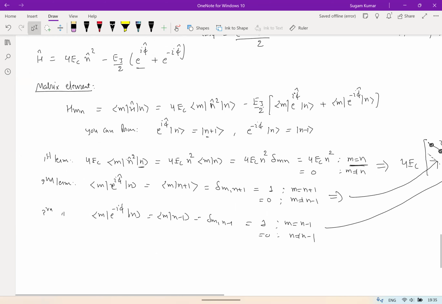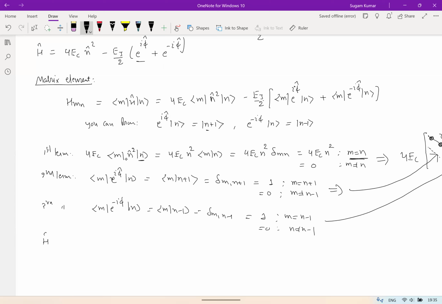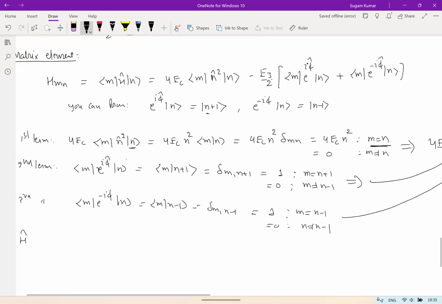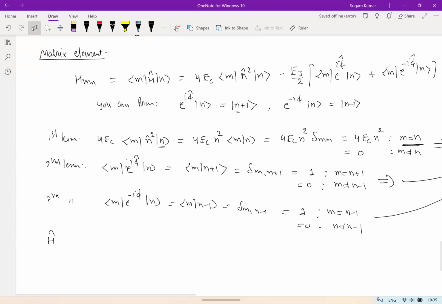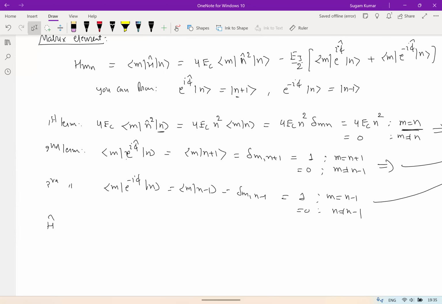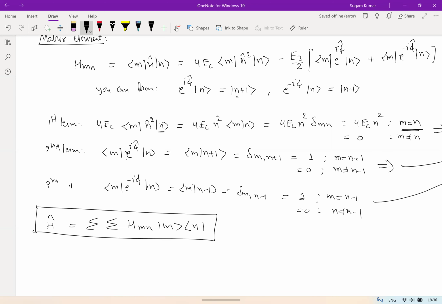But overall, when you write down this Hamiltonian including the matrix element, this H is simply going to become that matrix element H_mn, of course, into |m><n|. So this is how I can write down the Hamiltonian.